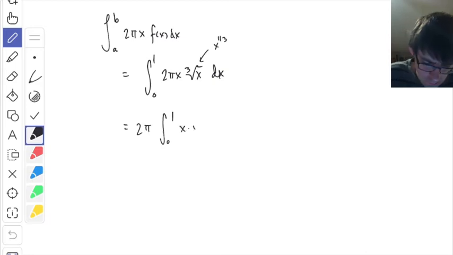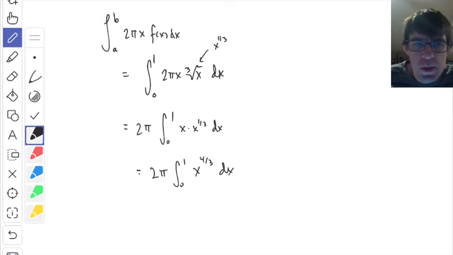I got 3 over 7 x to the 7/3, but I have a feeling that's incorrect. Maybe. So before the integral, what do you have? 2 pi. Sorry. Yeah, x to the 4/3 is what I'm looking for.